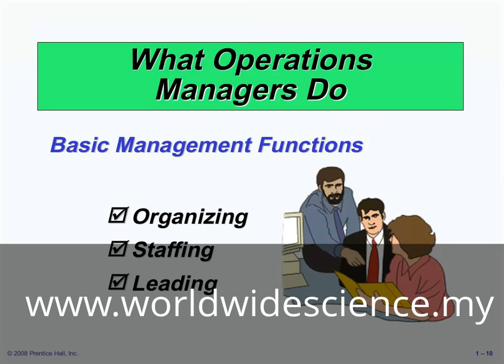What do operation managers do? The basic management functions are planning, organizing, staffing, leading, and controlling. At first, they should plan for new services or new products. For example, what product is necessary now? What services are necessary now? After that, they should organize their activities for producing the new product or offering the new service to customers.